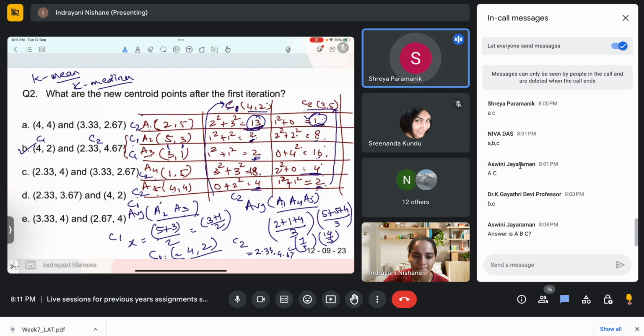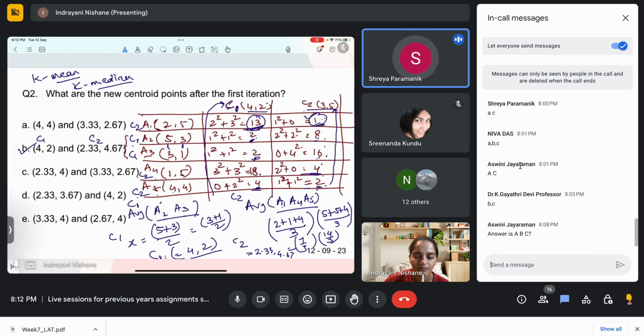Ma'am, the question pattern, we will get from the previous year's questions and this year's questions. So the first iteration and whatever question they provide, we have to solve one by one, like the distance from the new centroids to A1, A2, and so on.